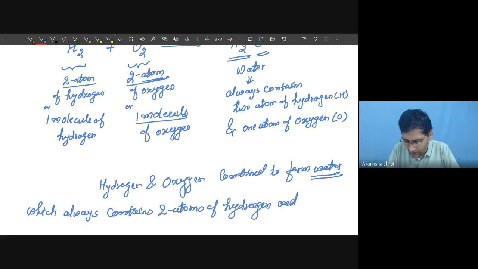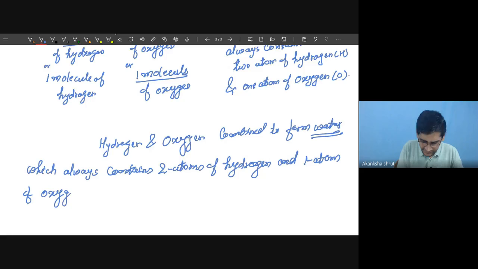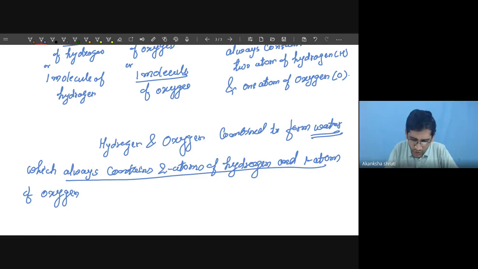So irrespective of the method used for preparing water, whether you are preparing this water in the laboratory or catching the water from the rain, irrespective of the source of water, it will always contain two atoms of hydrogen and one atom of oxygen.